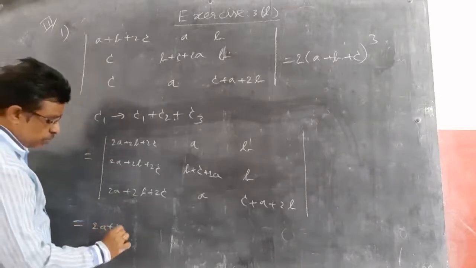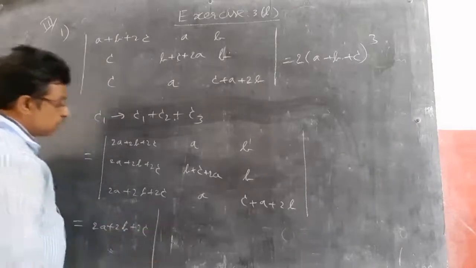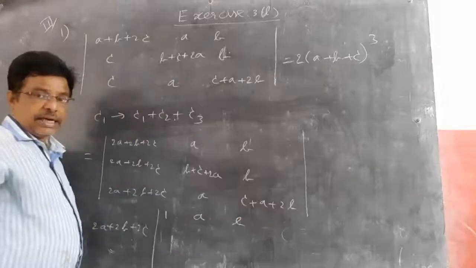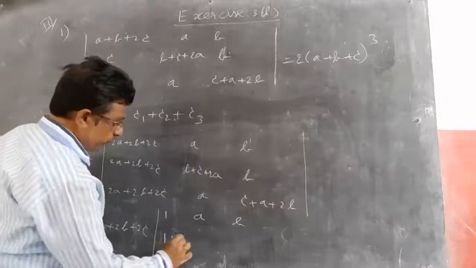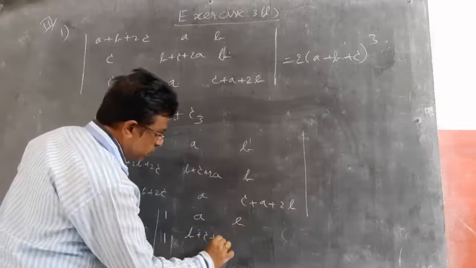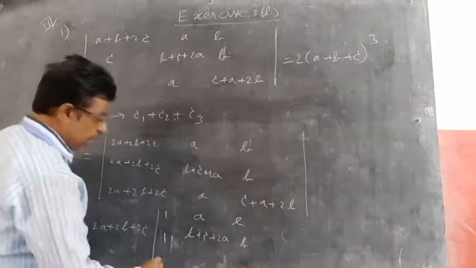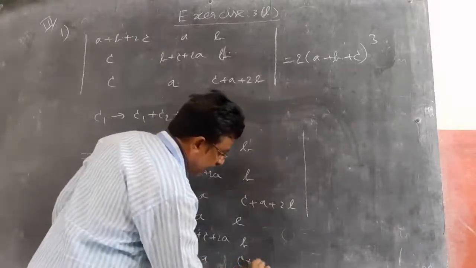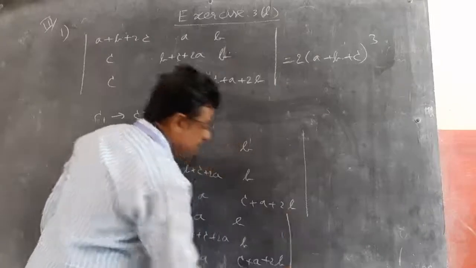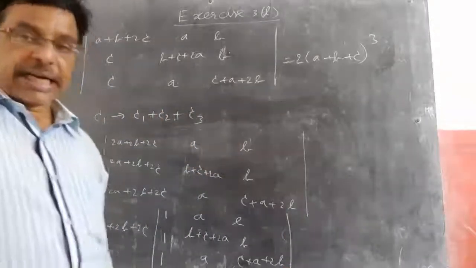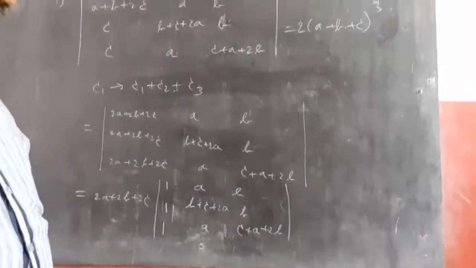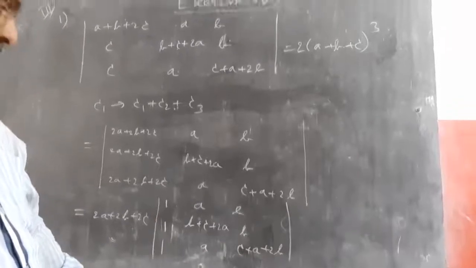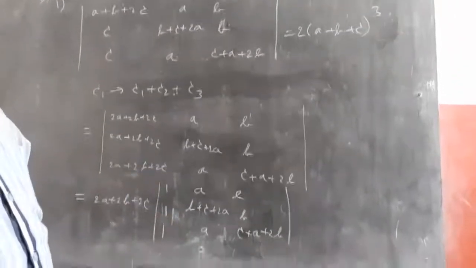Left out here is 1, a, b; 1, b plus c plus 2a, b; 1, a, c plus a plus 2b.